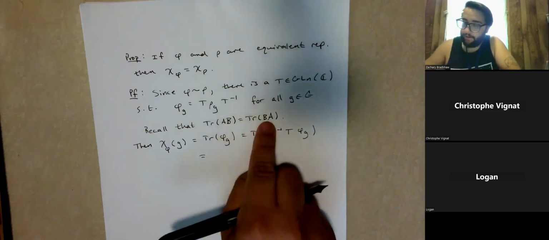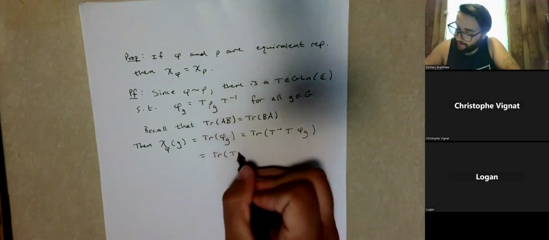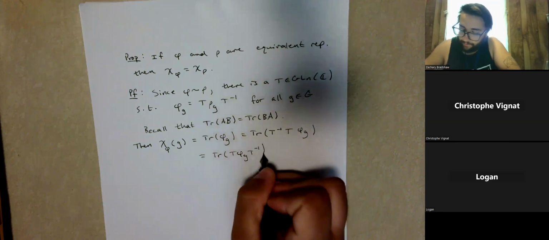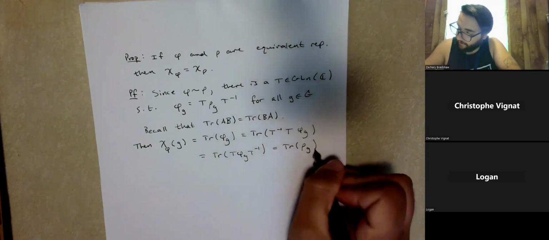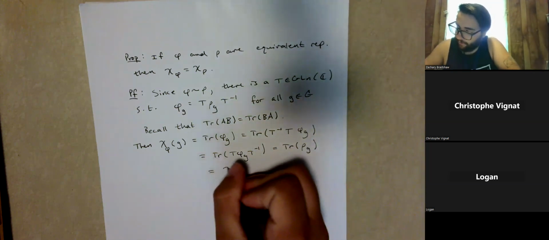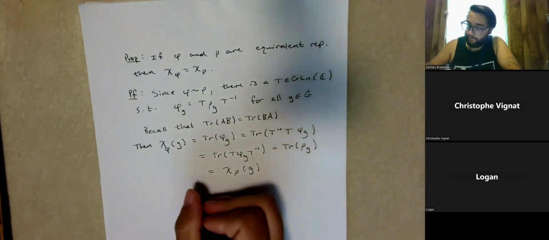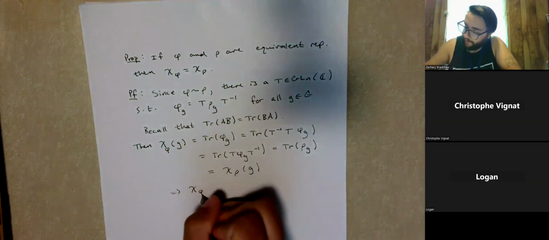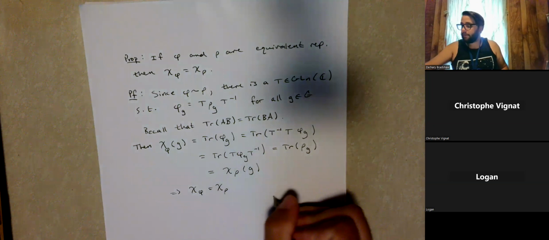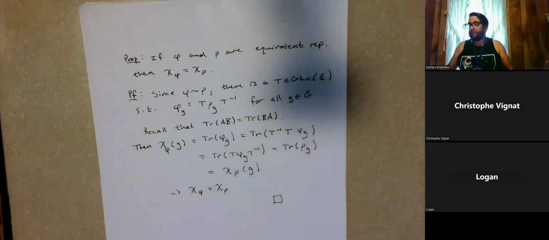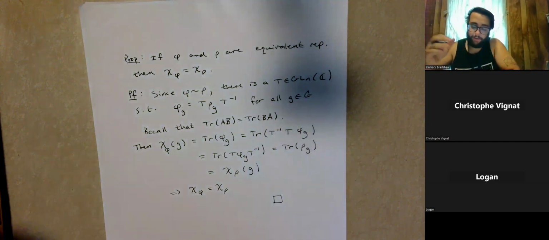And then we use this property to write this as the trace of T phi g T inverse, which is the trace of rho g, and that's equal to chi rho of g. And so that implies that chi phi is equal to chi rho, because g is arbitrary. Okay, so equivalent representations have the same character.